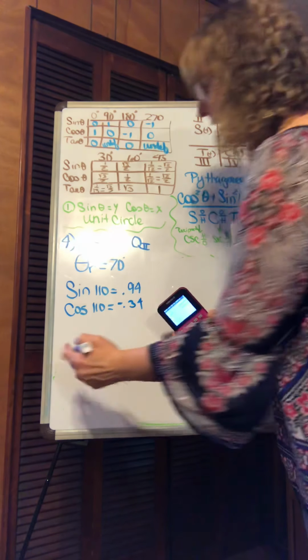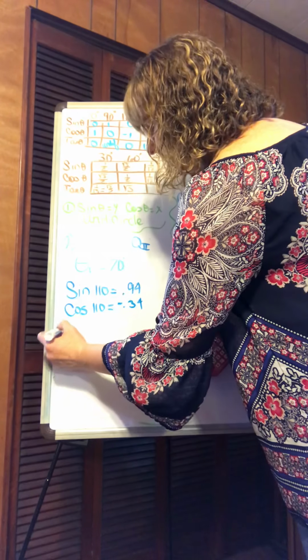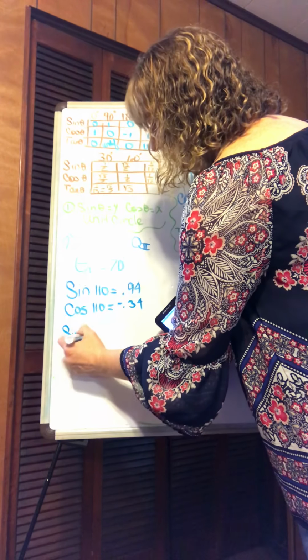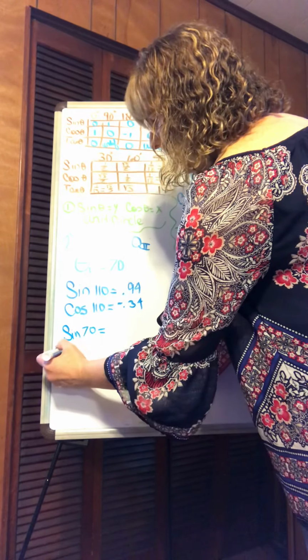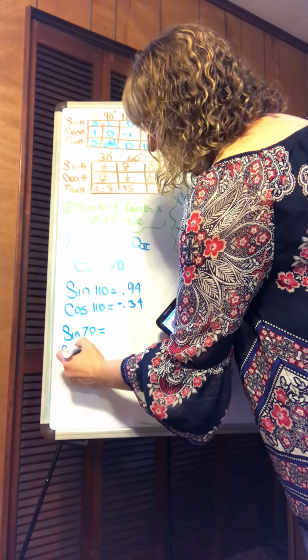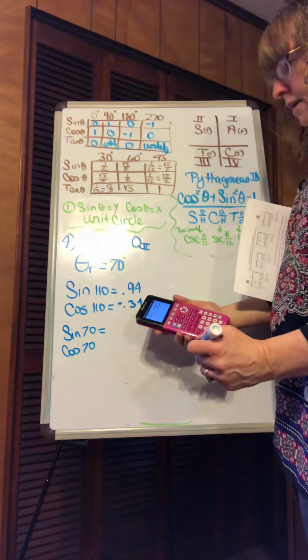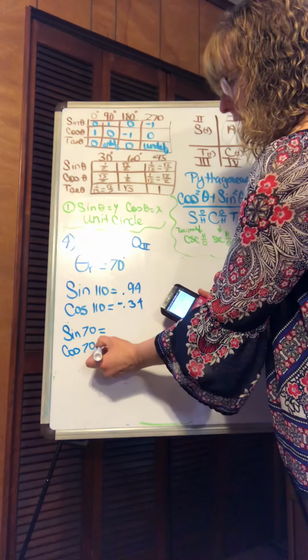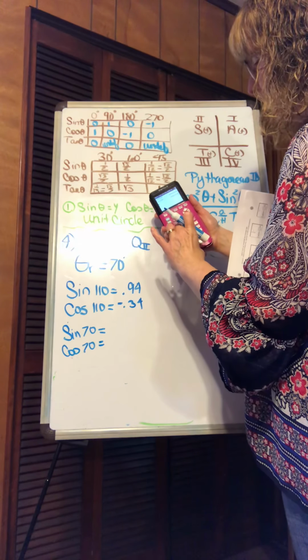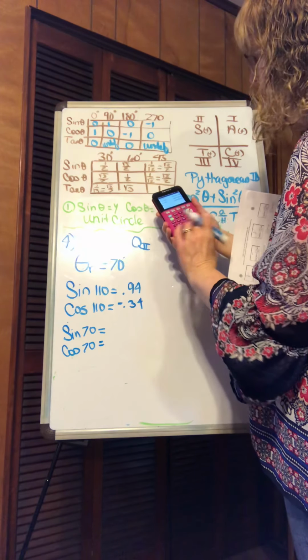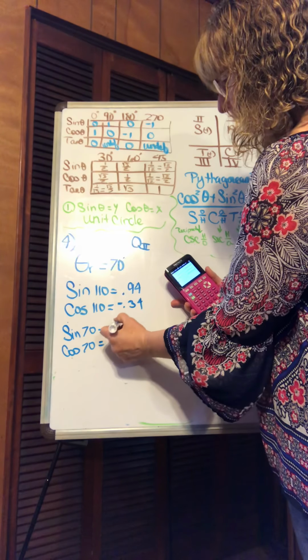Let's do the reference angle. If I did the sine of 70 and the cosine of 70, I'm going to get sine of 70, the same, 0.94.